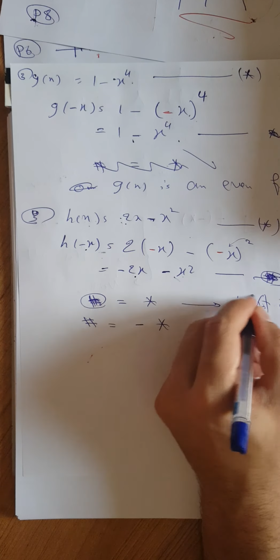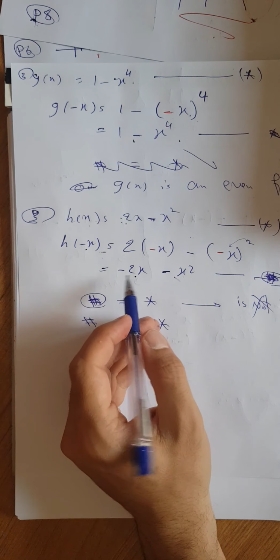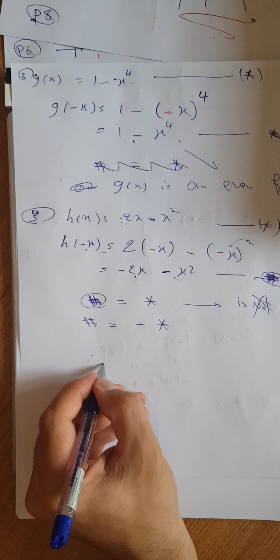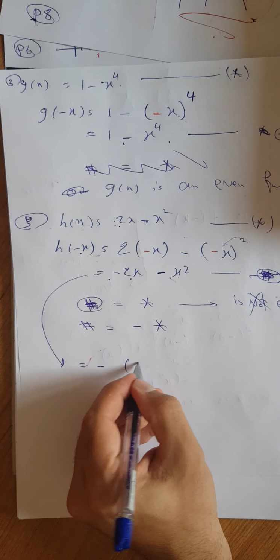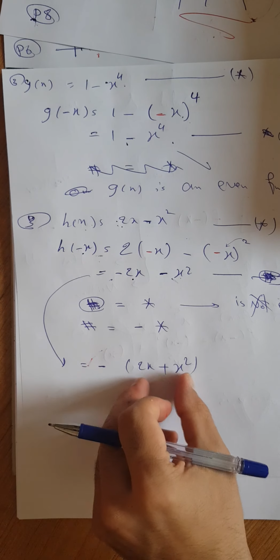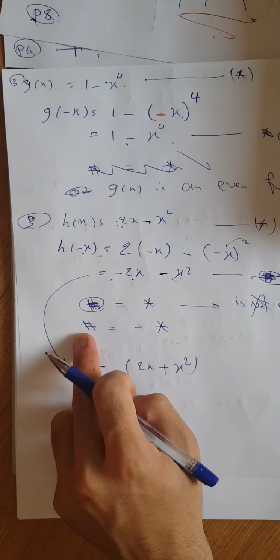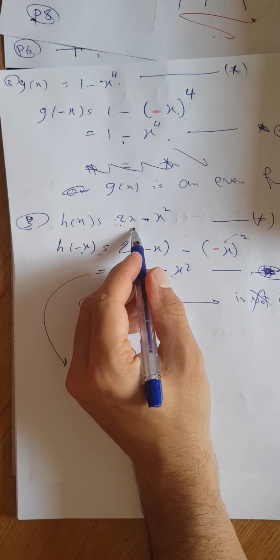Now I'm checking whether the function is odd or not. Let me take a negative here. I get negative 2x plus x squared. Now is this one equal to that one, my negative here?